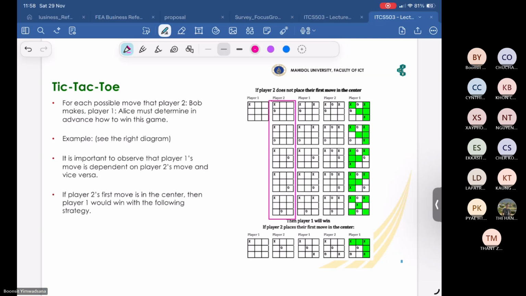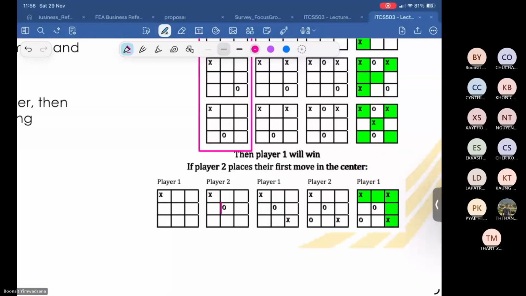So, if in this case Bob places the first move in the center, this one, then Alice or player 1 will have a very high chance to win if she plays her mark X in this position. She will definitely win because no matter what player 2 or Bob plays next, no matter which position Bob plays, Alice will win anyway.